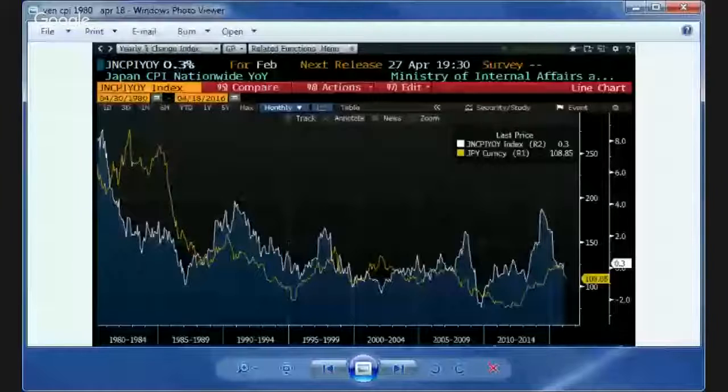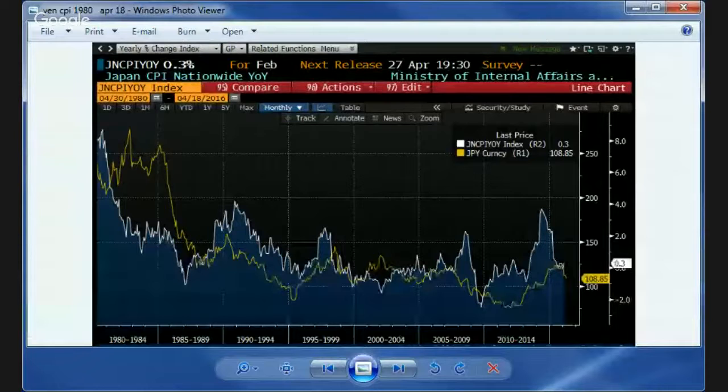Now, I have not been in the market for the length of this chart, but for, unfortunately, more than half. So you're looking at the yen index here. 100 is here. 108.85, that's the yellow.